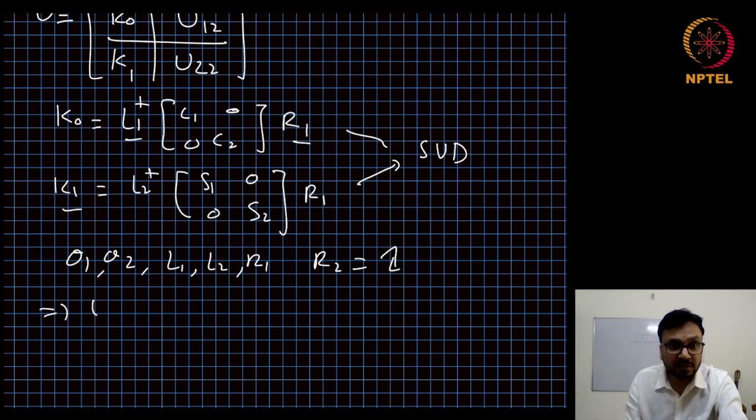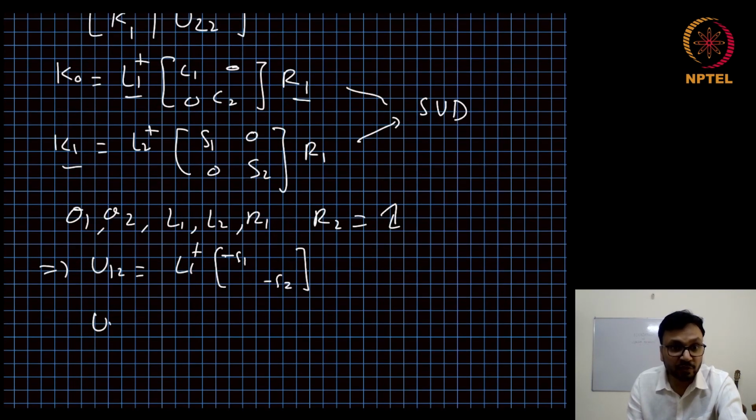Then our U12 will become L1 dagger times minus S1, minus S2, sin theta 2, and times the identity. So identity we don't need to write, and U22 becomes L2 dagger cos theta 1, cos theta 2.